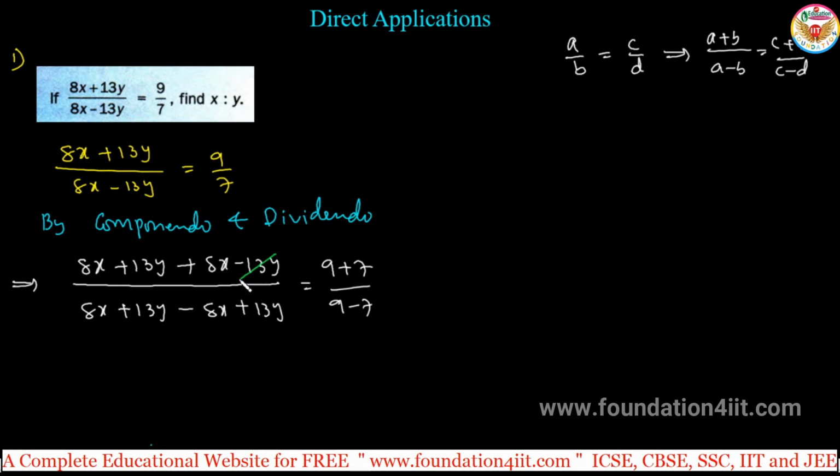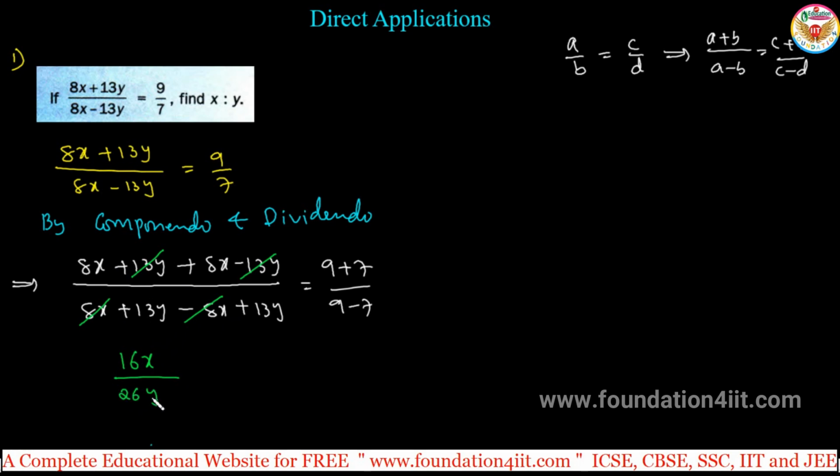So you can cancel minus 13y plus 13y and minus 8x plus 8x. Then 8x plus 8x is 16x, divided by 13y plus 13y, which is 26y, equal to 9 plus 7, which is 16, by 9 minus 7, which is 2.